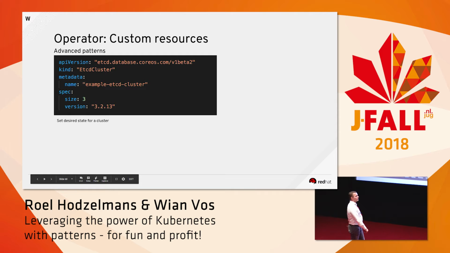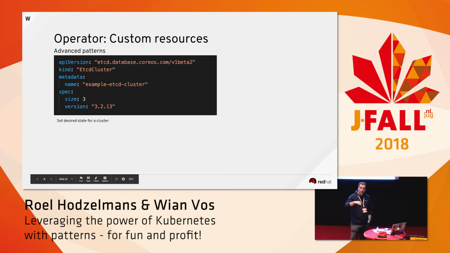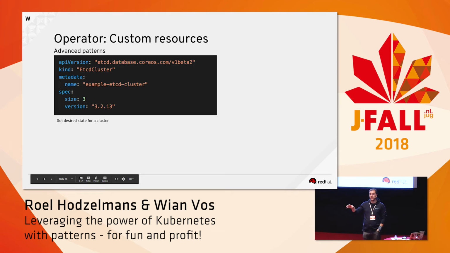So one of the operators that exists is, for instance, a Kafka operator. So who's using Kafka right here? See, a little bit more than no go. So if you look at Kafka, you need not just the Kafka clients and pods and everything. You'd also need, for instance, the Zookeeper to manage and to handle state.